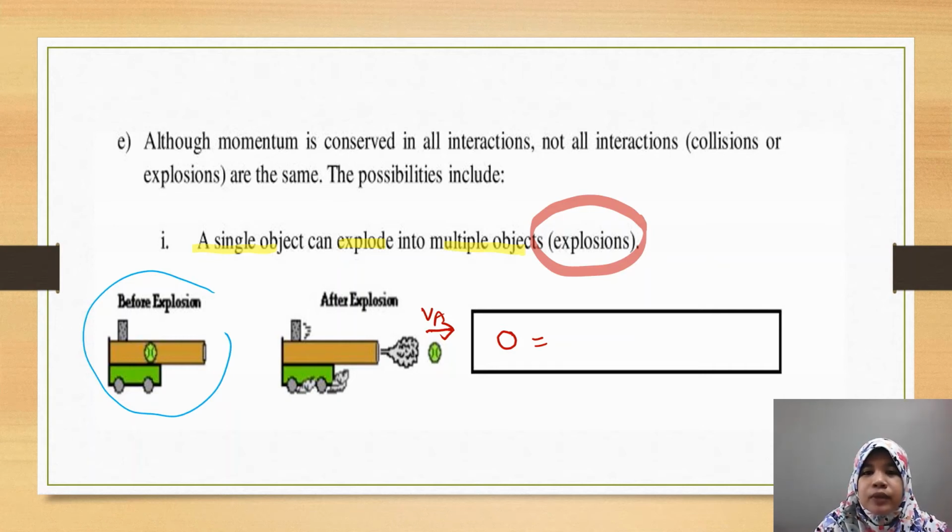Senapang tu tadi dia mesti akan terhentak ke belakang, so kita ada final velocity untuk senapang tadi, so dia bergerak to the left. Alright, so dari segi equation kita ada dua objek yang berbeza, kita ada final velocity yang berbeza. So after collision kita akan ada MA VA plus MB VB.